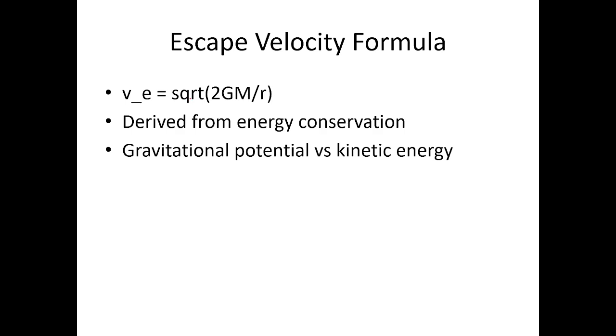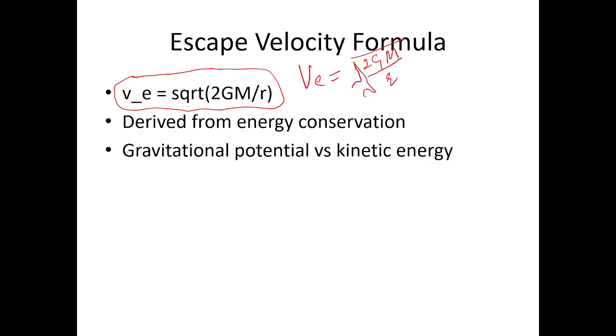Okay, what is the escape velocity? This is the equation of the escape velocity. So we have to derive this. In fact, I am writing it again. Escape velocity is equal to under root 2GM over r.